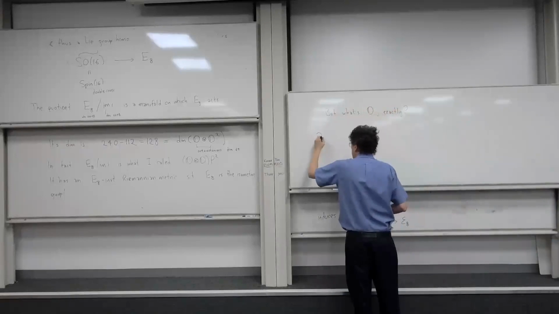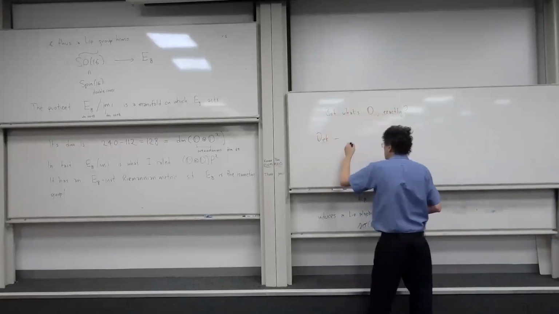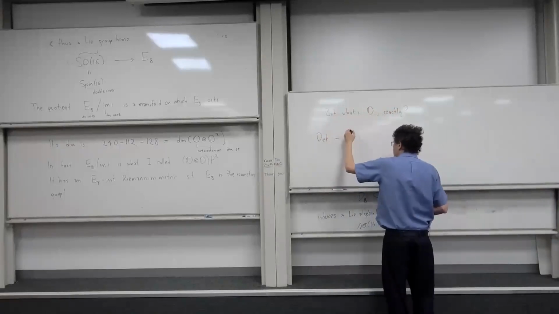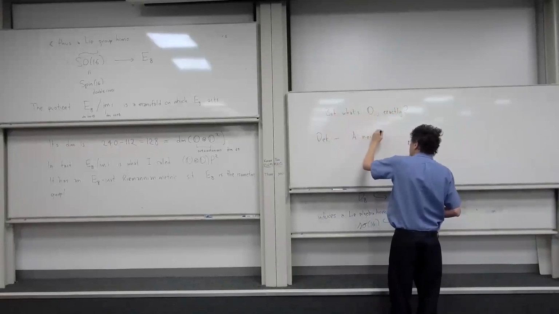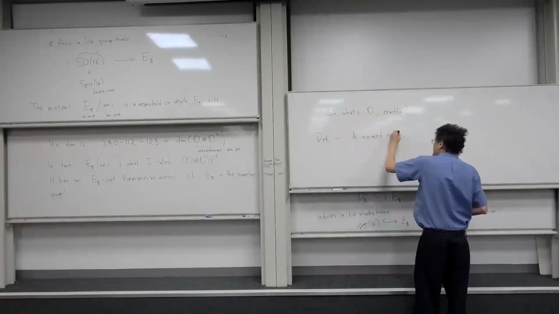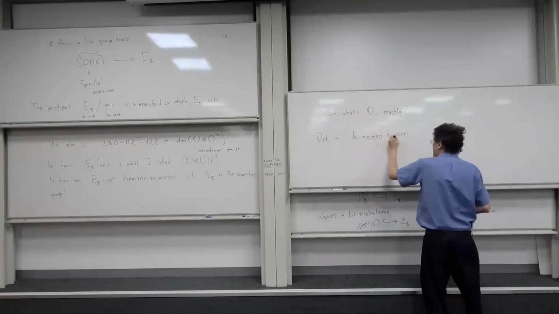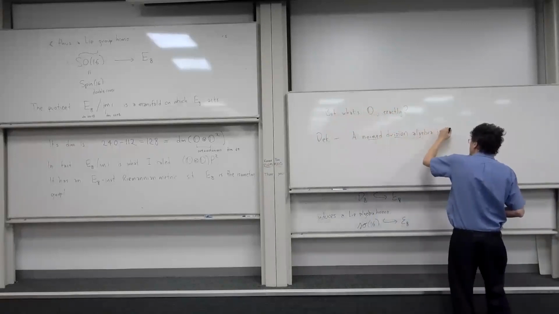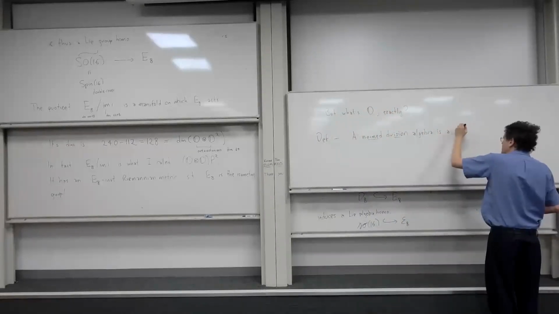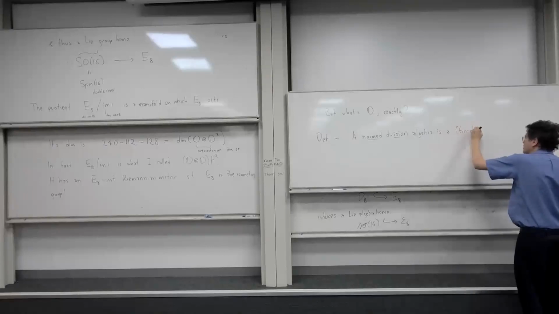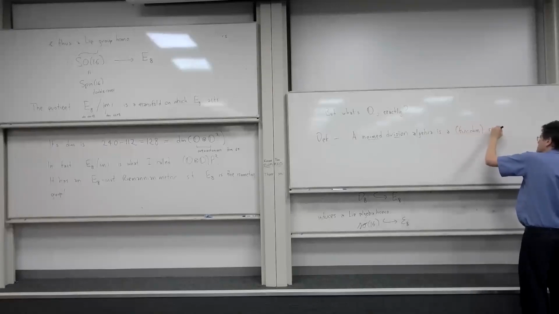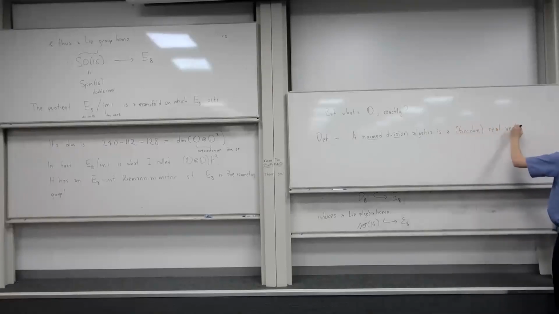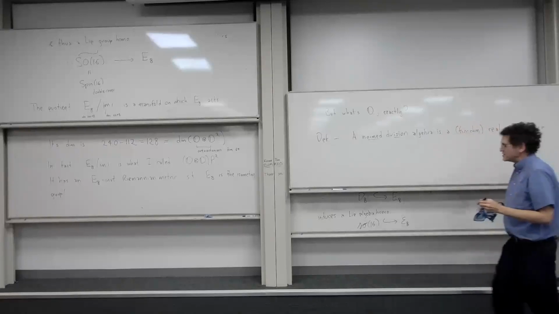So for starters, let me clarify here. When I say a normed division algebra, what I mean is a finite dimensional real vector space. Every vector space in this class is finite dimensional.